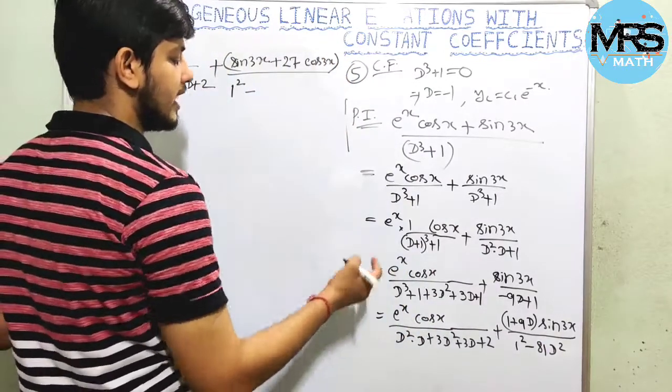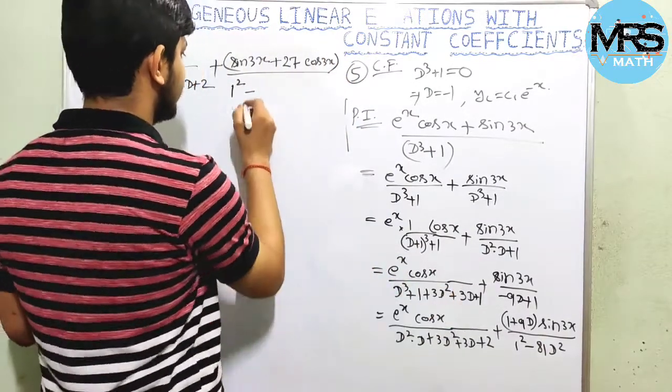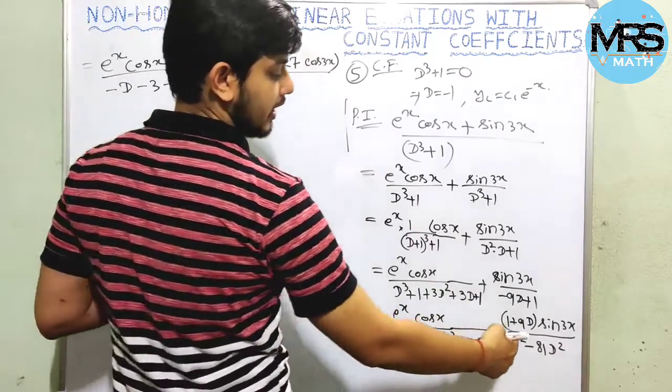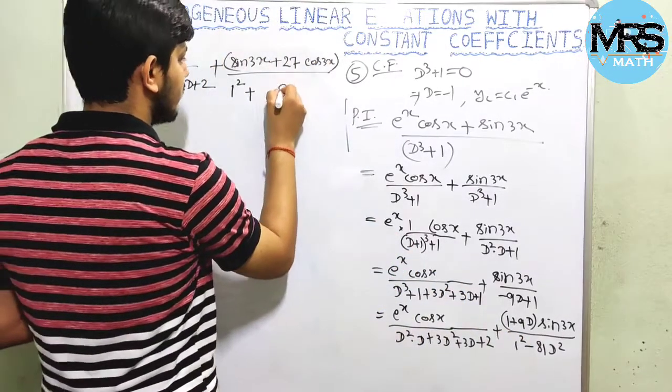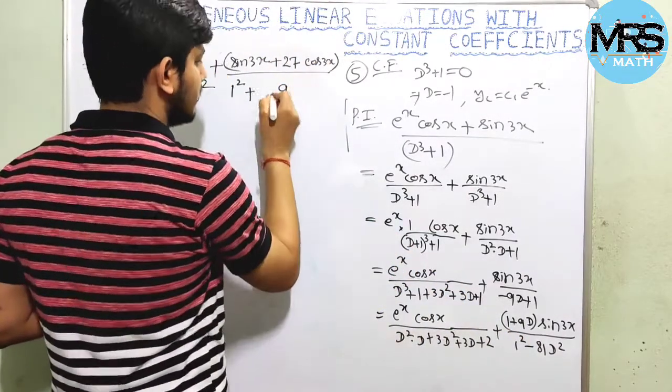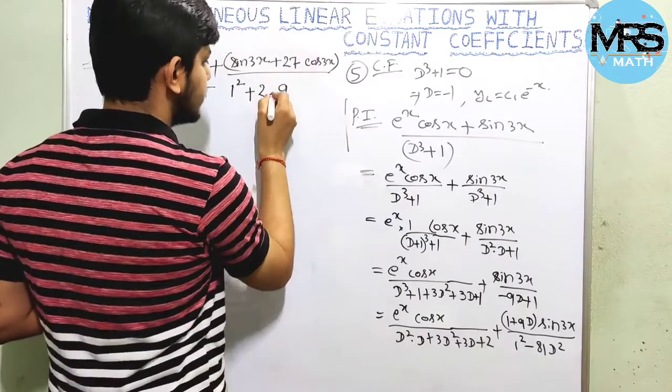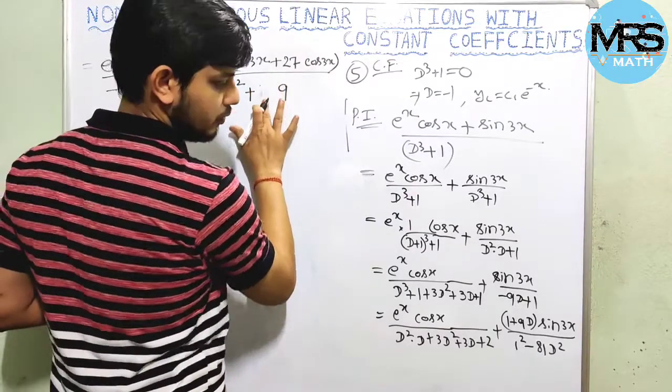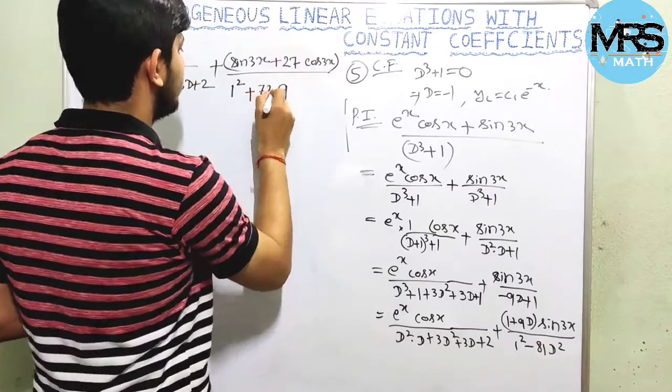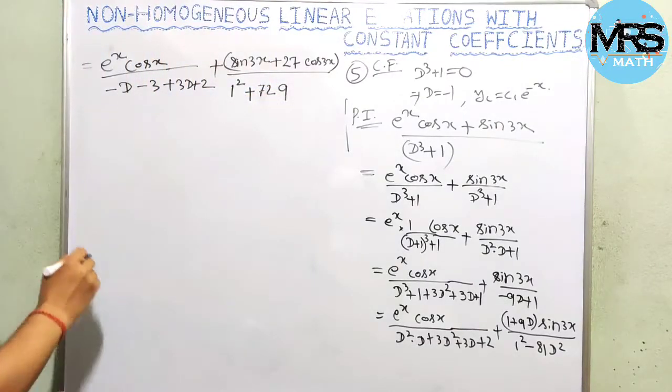So 9 into 81, that means minus minus, it will be plus, 9 into 81 is 9 1s are 9, 9 8s are 72, so that will be 729.